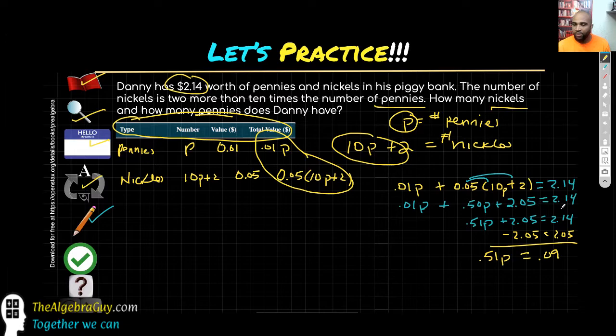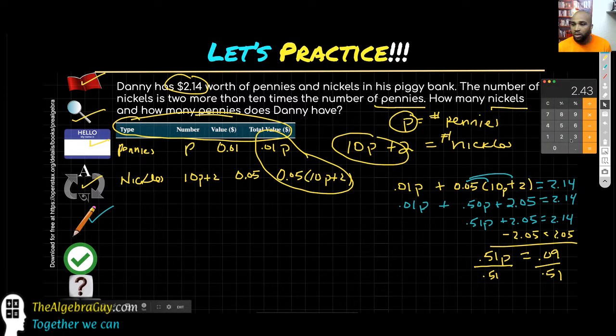Yeah, that looks right. So now I'm going to divide by 51 cents or 0.51. It looks kind of strange now, but we're going to work it out. 0.09 divided by 0.51 equals, ooh, something's not right with that.